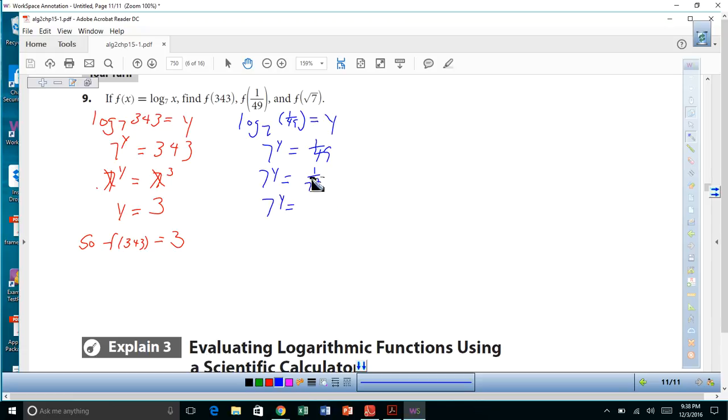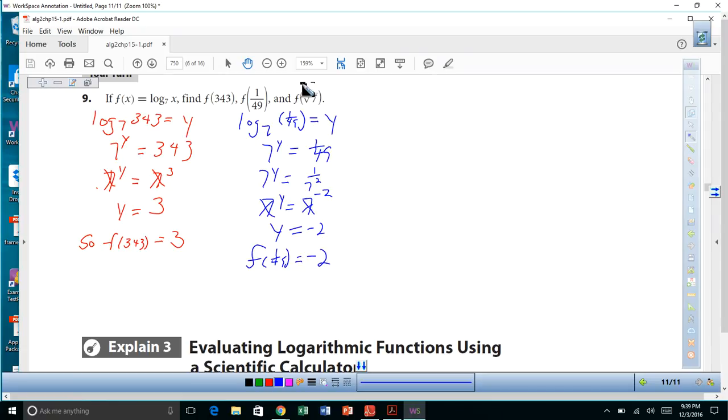Now we can move that to the other side by making the exponent negative, right? Now we can get rid of the bases, and we got y equals negative 2. So f of 1 over 49 equals negative 2.